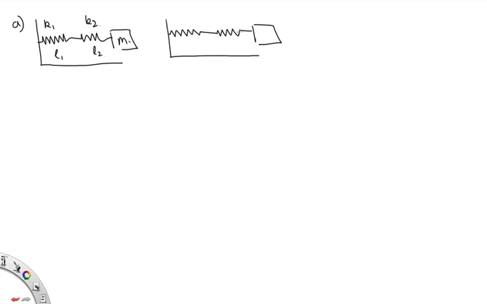We have it stretched some distance x, and L1 plus x1 is the length of this first spring, L2 plus x2 is the length of this second spring, and x1 plus x2 is equal to x, the total extension of the spring. So if this is 0, then this is x, a position x from there.